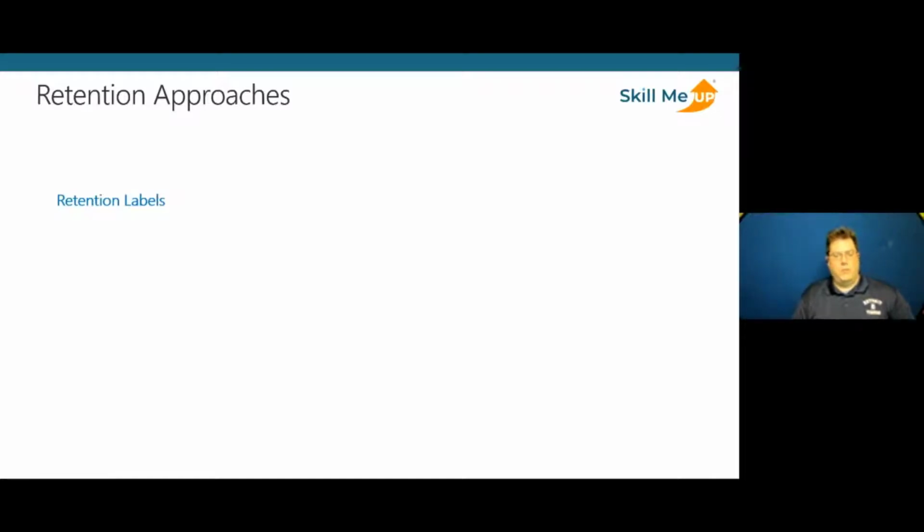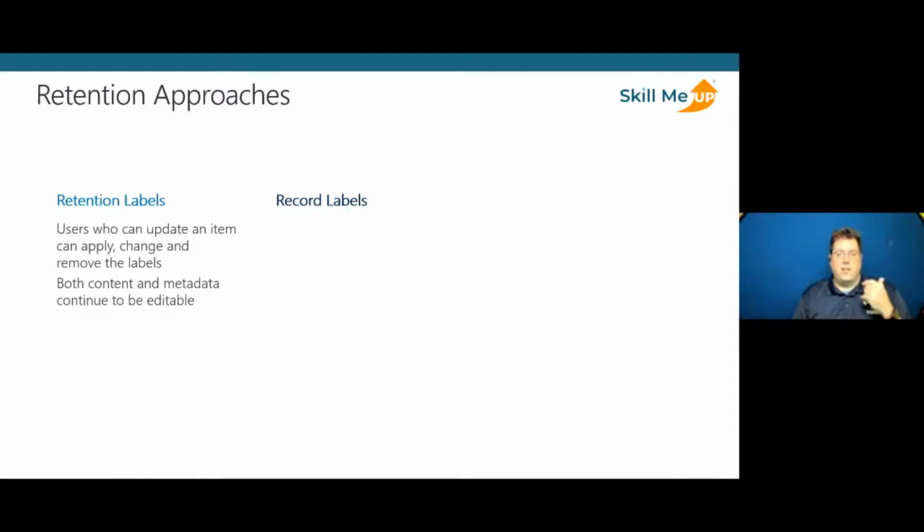We'll talk more, and we'll show you in this discussion how these all work together and how they're created within Microsoft 365. But it all starts with the retention label, and the retention label identifies what users can provide updates to an item, how that applies, and if an update does take place, how that is handled within the content and the metadata within the document, as well as whether that user is able to make any changes to that document.